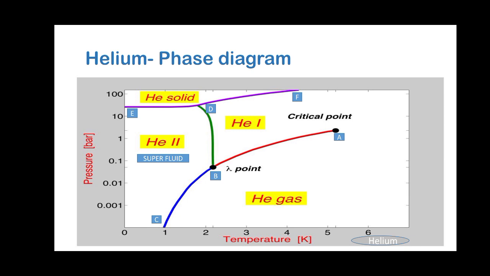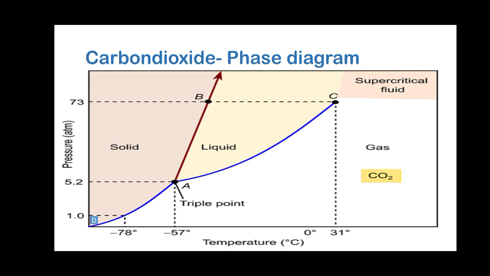the phase diagram of carbon dioxide. This carbon dioxide phase diagram is also a typical phase diagram because it also shows a different behavior. You can see in the picture points A, B, C, D in the phase diagram of carbon dioxide.